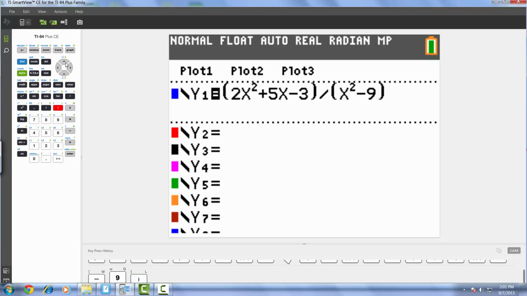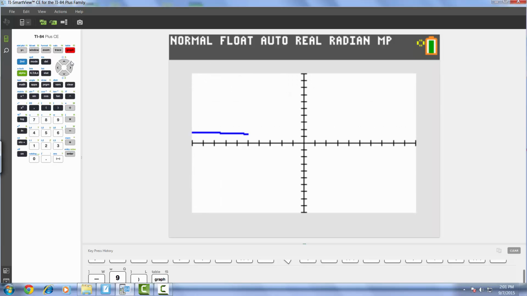Close parentheses. Just graphing this, we see this type of function. Obviously we still have that vertical asymptote at +3, but at -3 there should be a little hole here. Unfortunately, we can't quite see that.